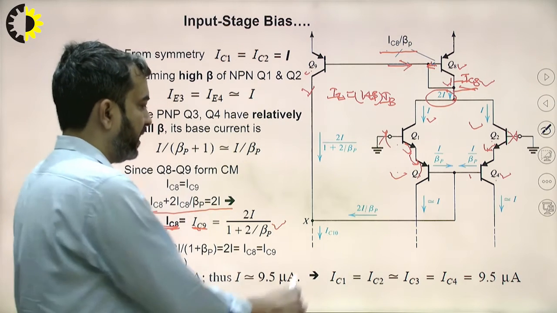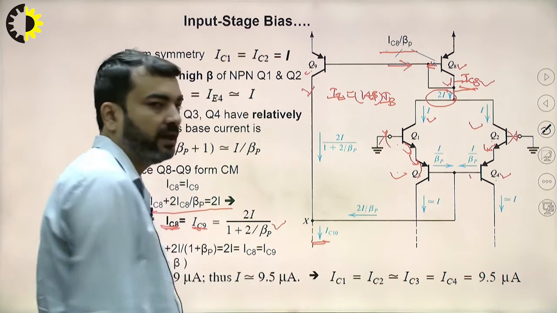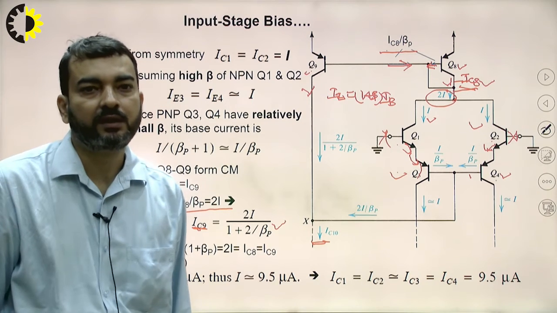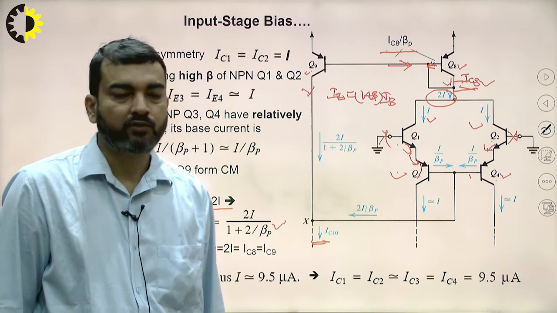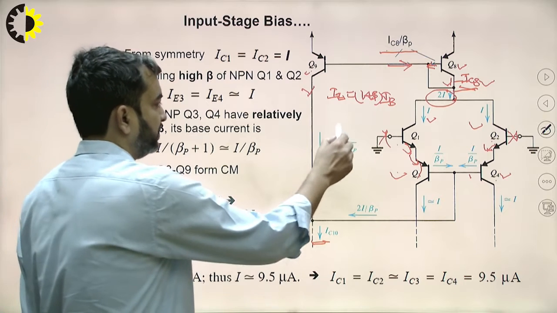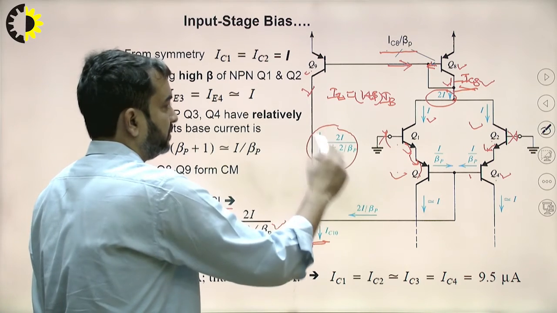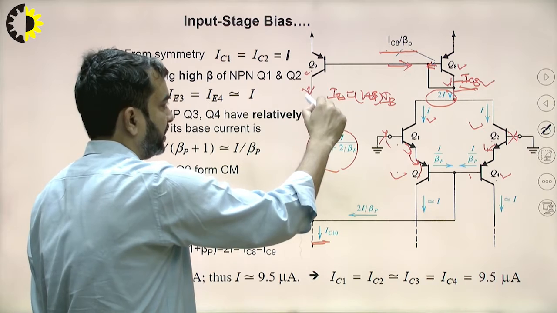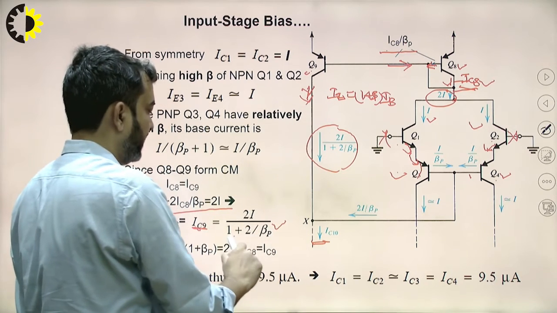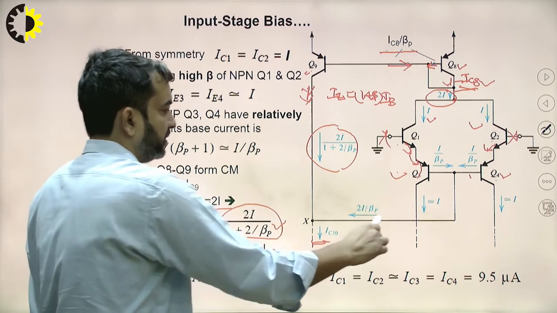Let us calculate IC10, which is the output current of the Widlar current source. IC10 is this current, the collector current of transistor Q9 plus the base currents.